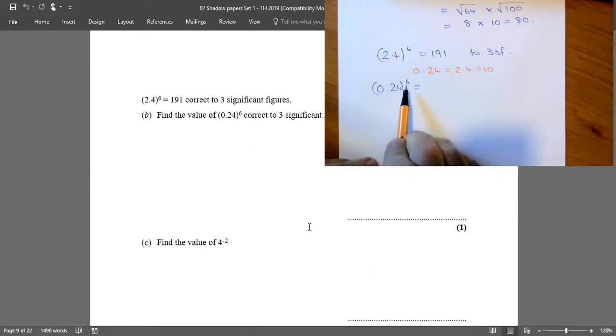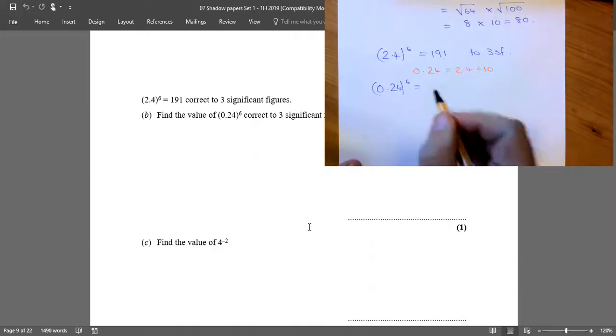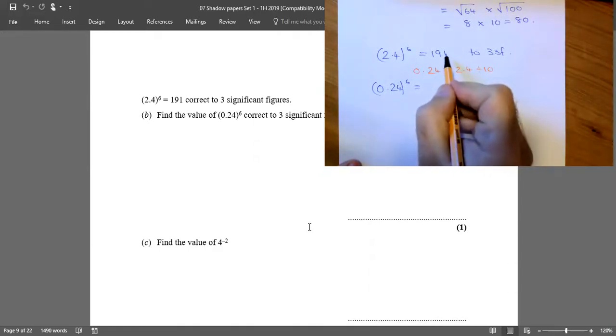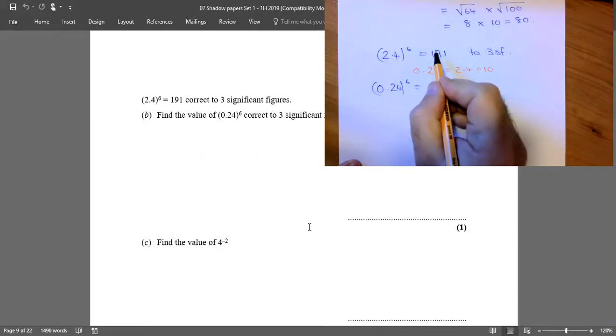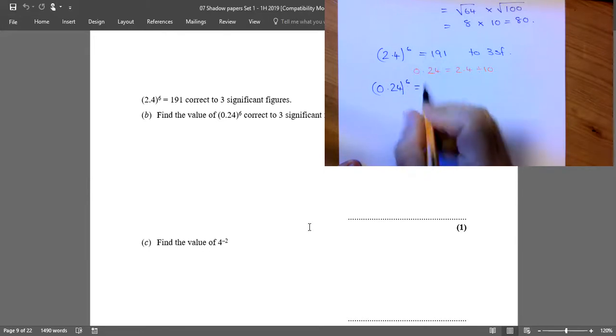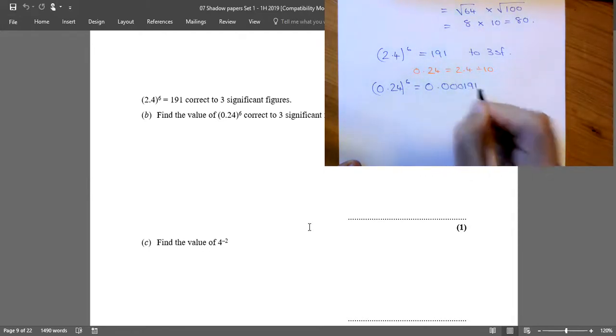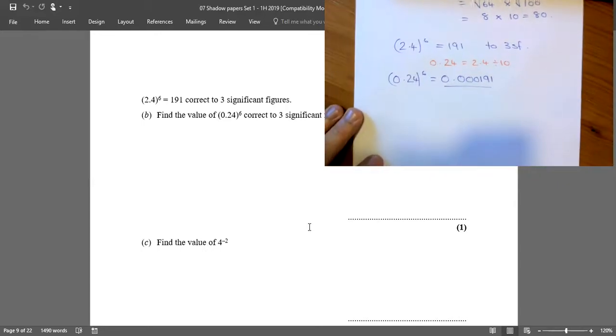So if I'm doing that to the power of 6, I'm dividing by 10 6 times. So I've got to divide this answer by 10 6 times. I'm going to go 1, 2, 3, 4, 5, 6. So I need to put 0.000191. So that's the answer to part B.